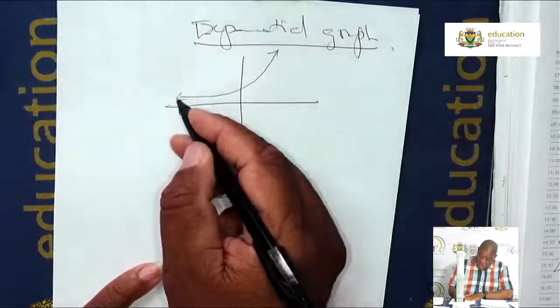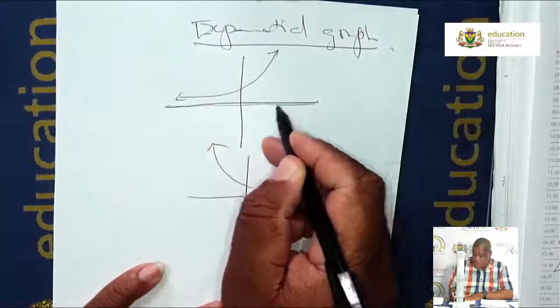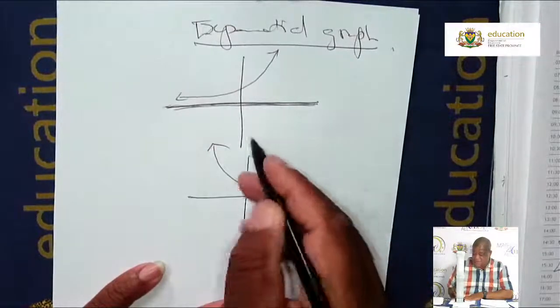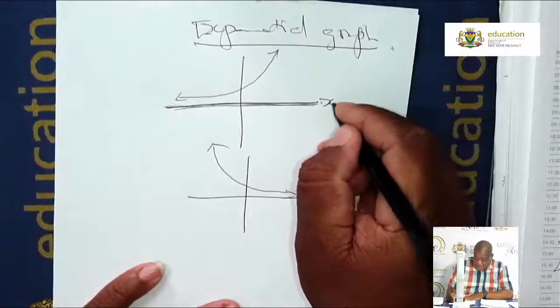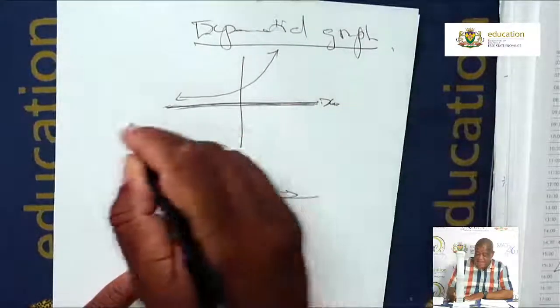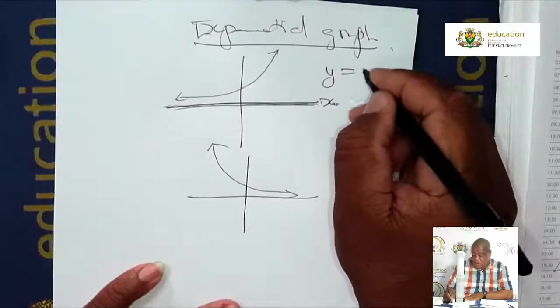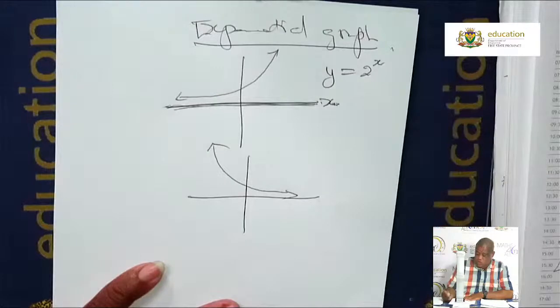But you look at that graph and realize it is getting closer to the x-axis, but it won't touch it. That's telling us that the x-axis is serving as the asymptote of that graph, which can take the equation y is equal to 2 to power x.